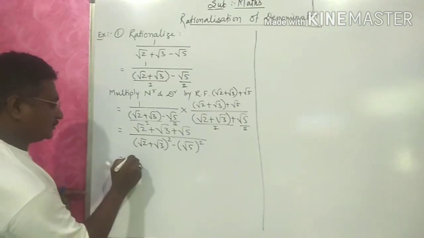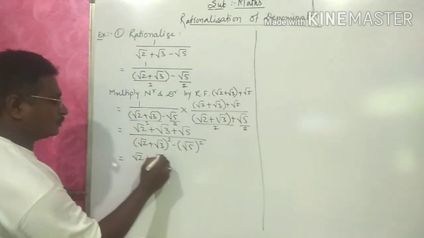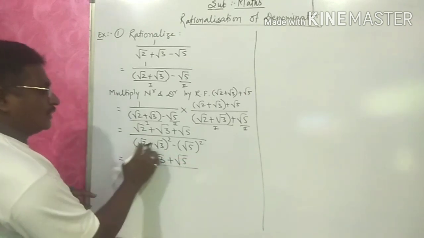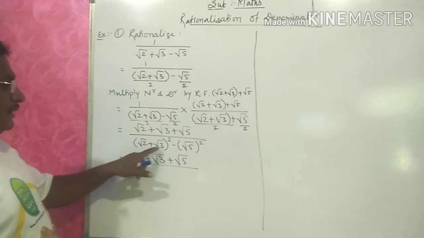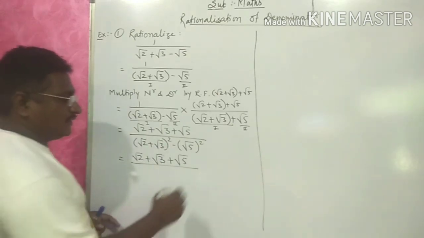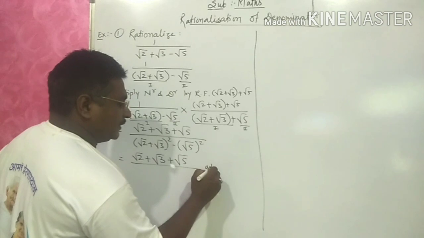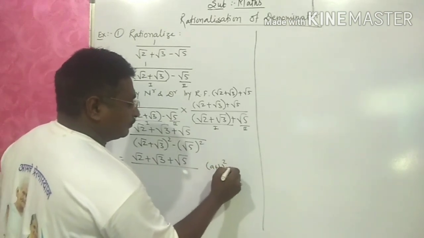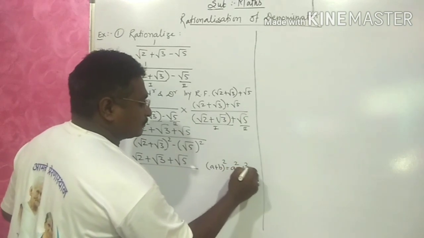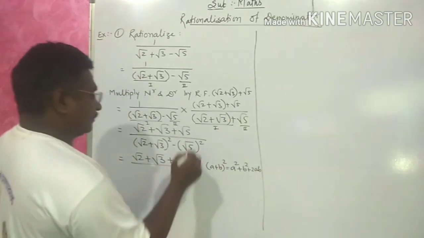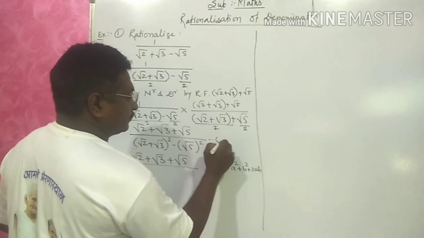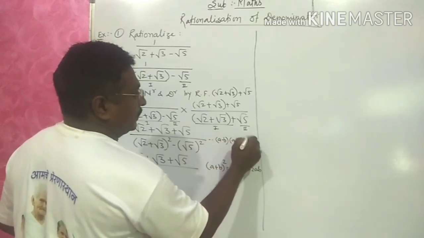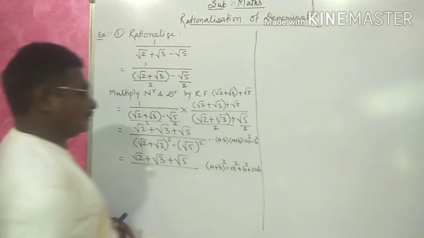Now simplify this. Root 2 plus root 3 plus root 5 by... here we have to use the identity A plus B whole square. What will we get? A square plus B square plus 2AB. Here which identity do we use? A minus B, A plus B, so A square minus B square.